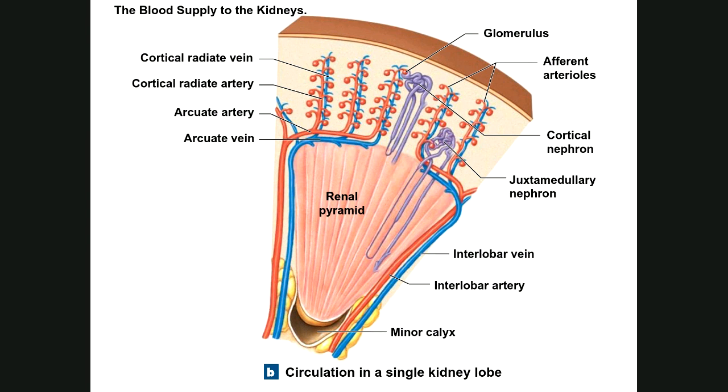That's branch. I mean, we have these afferent arterioles that are branched from each, as you can see, each cortical radiate artery. We have those afferent arterioles that are branching from it.